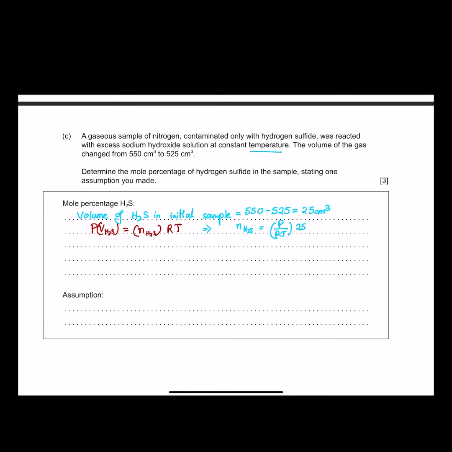Now similarly, if I want to find the total moles, we can just use the ideal gas equation again. So PV total would be equal to n total times RT. So n total would be P by RT times V total, which is 550. Now we know the moles of H2S and the total moles, so we can find the mole fraction, which would be moles of H2S divided by total moles.